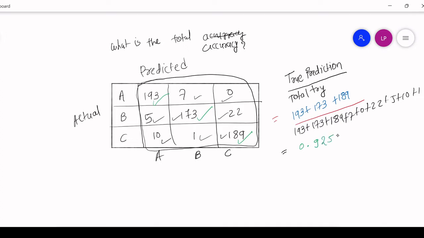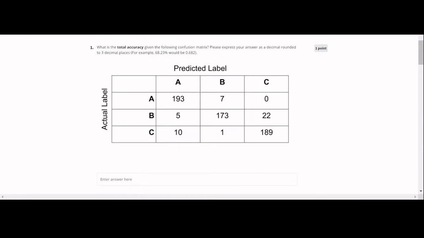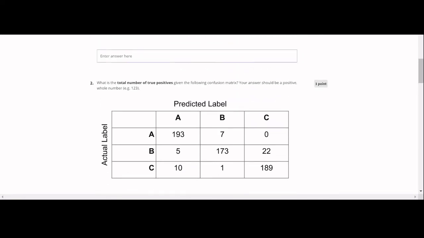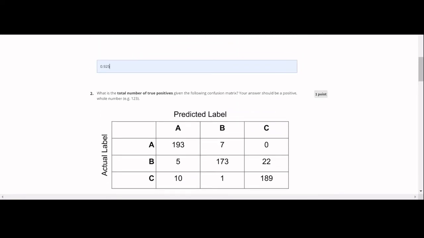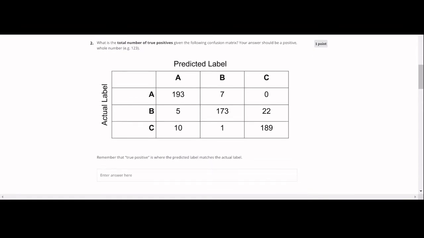So this is the total accuracy. So we can go to the quiz here and tell Coursera that the value here is 0.925.